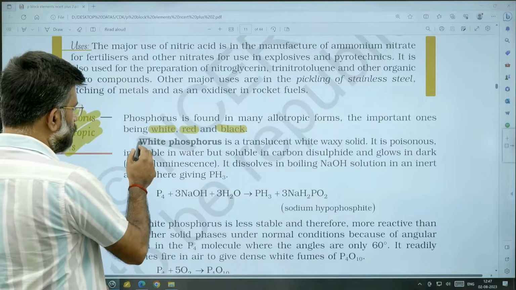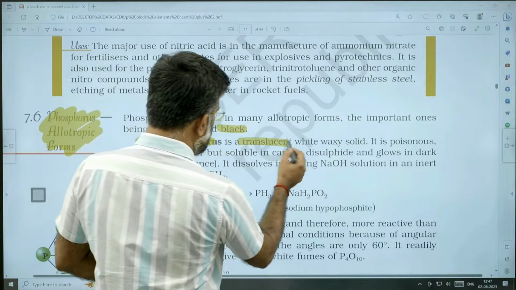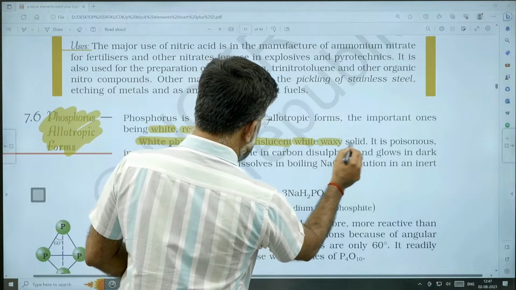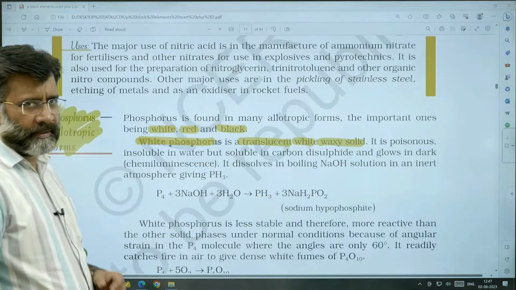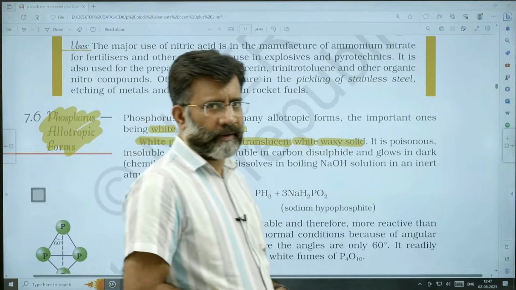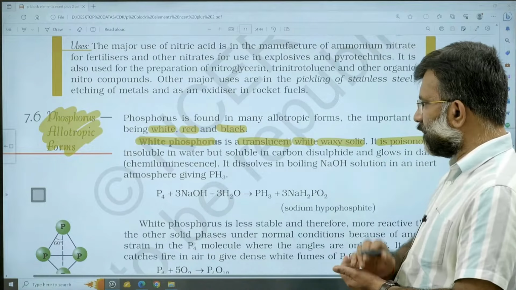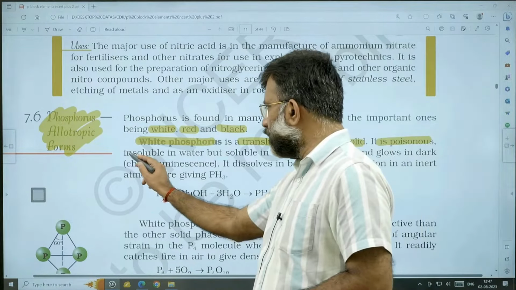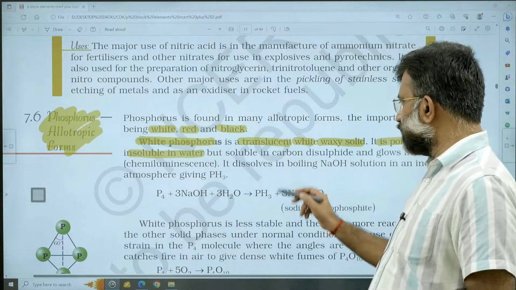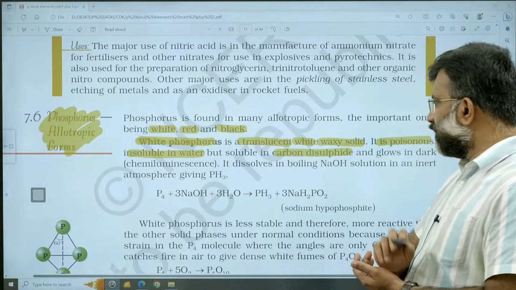White phosphorus is a translucent, waxy solid. It is poisonous in nature, insoluble in water, but soluble in carbon disulfide.